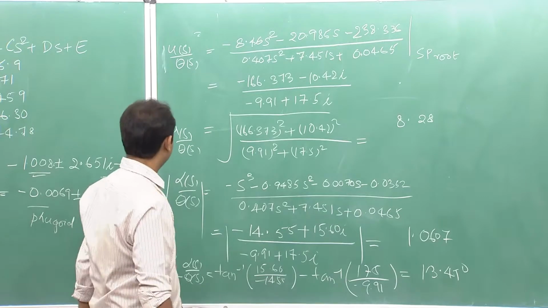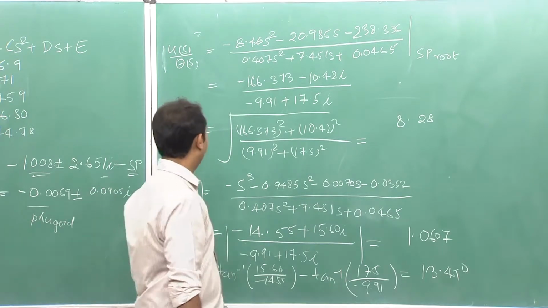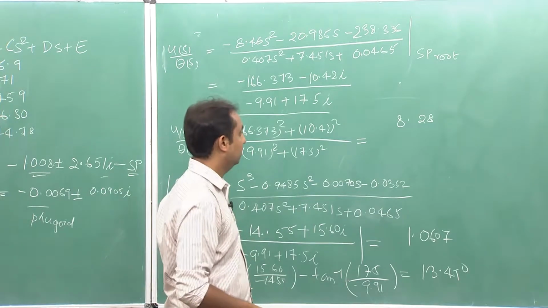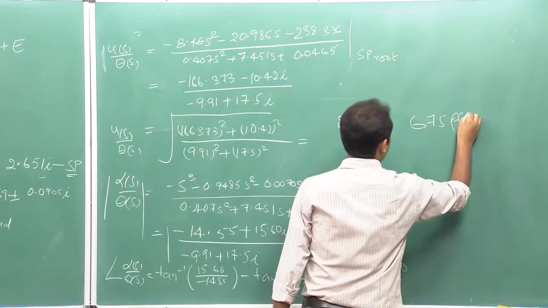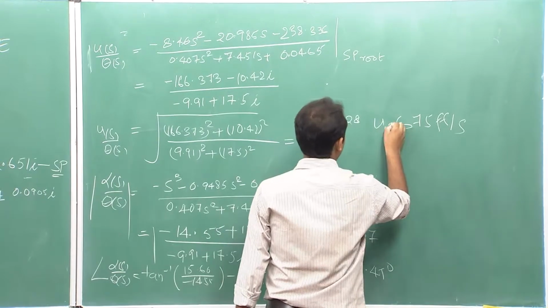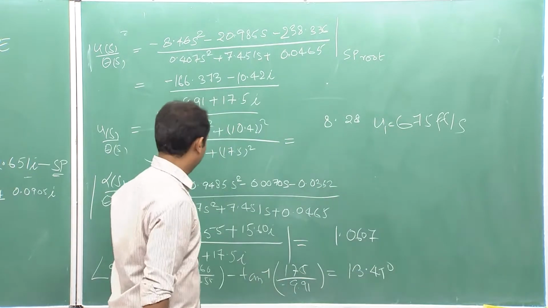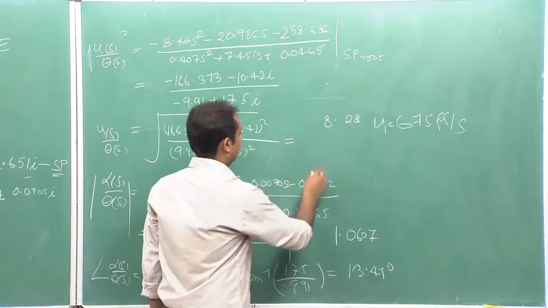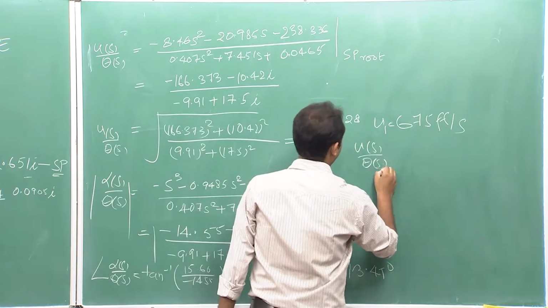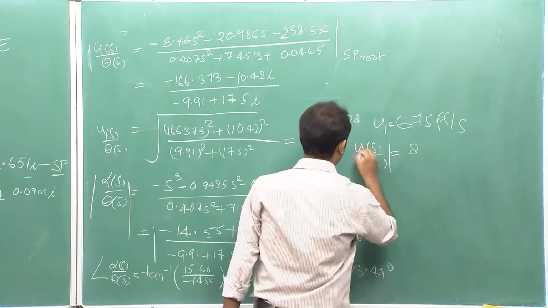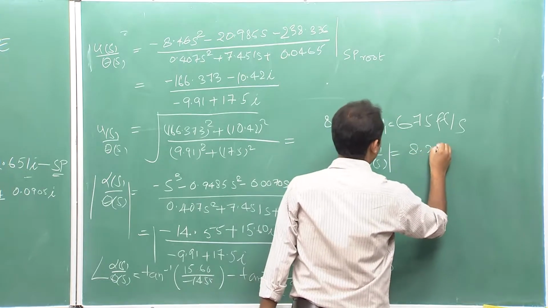Now, as you can see, my initial velocity was 675 feet per second, this was my u1. The magnitude of u of s upon theta of s is 8.28.